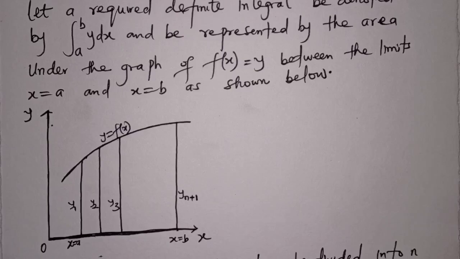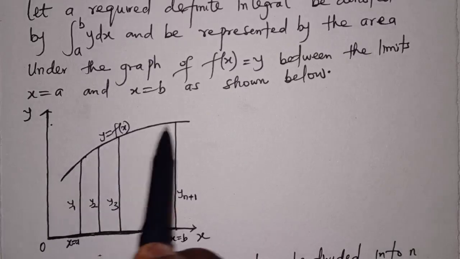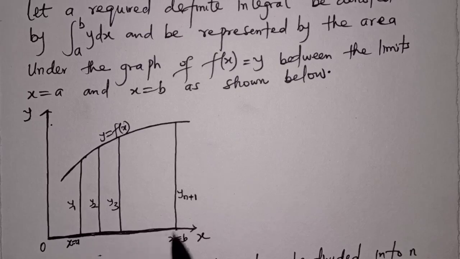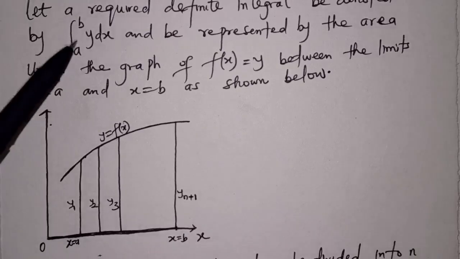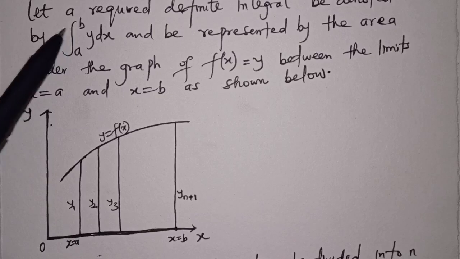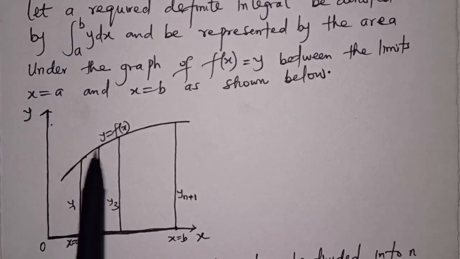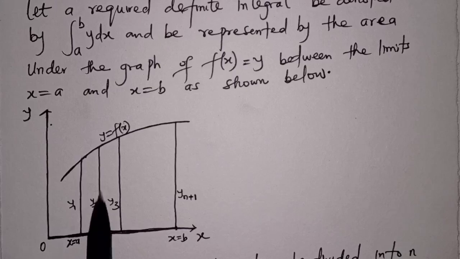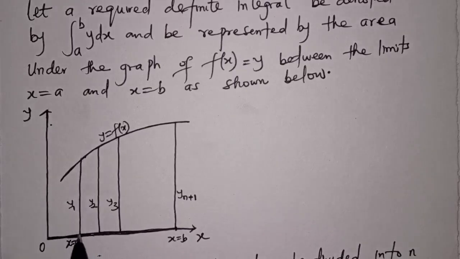Watch. This is the definite integral. The area under this curve between x equal to a and x equal to b gives the definite integral, the integral of y dx from a to b. Just take a look at this part of the figure. The ordinates have width d.